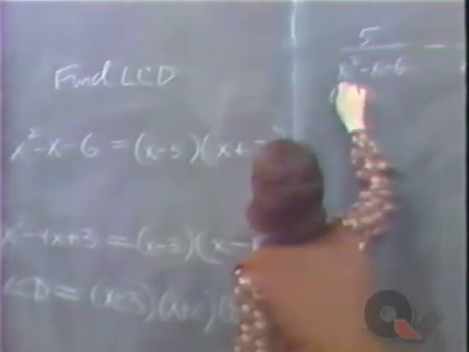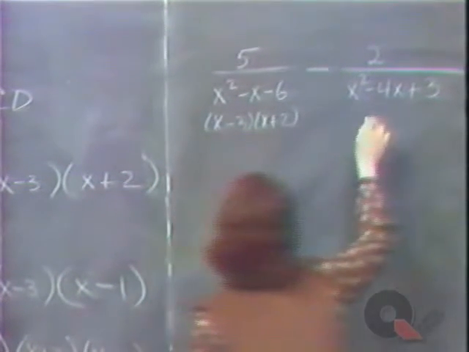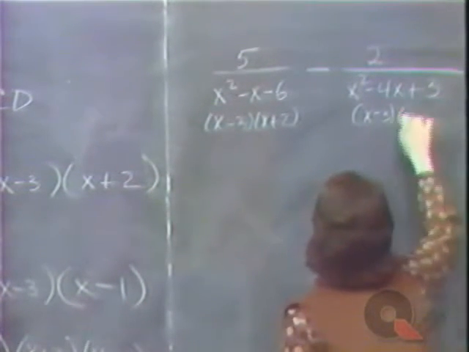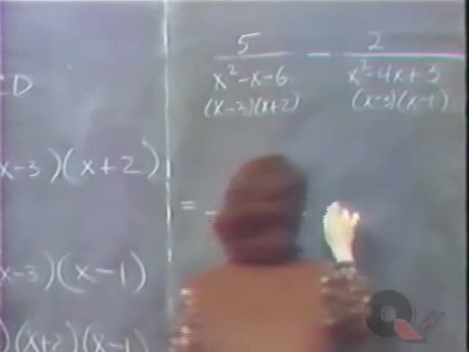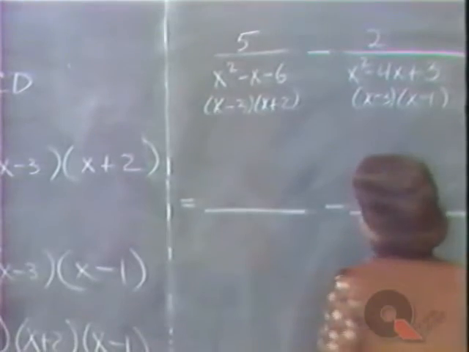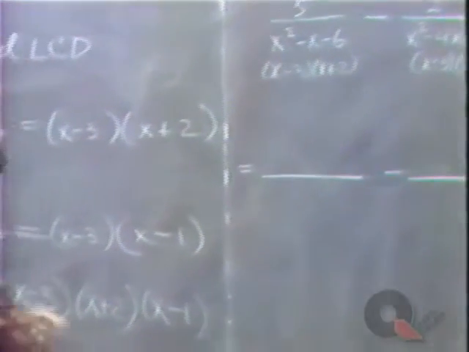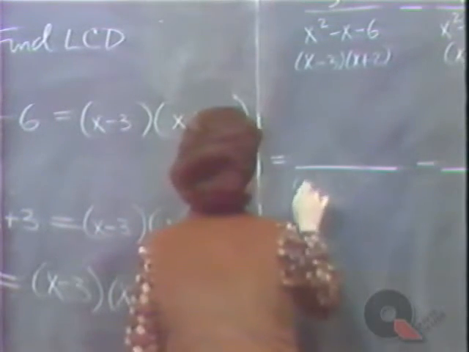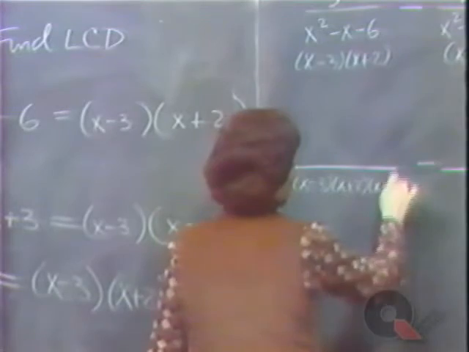Let me just rewrite this in the factored form. We're going to build fractions equivalent to the ones that we have, but they should have a common denominator. The common denominator is x minus 3 times x plus 2 times x minus 1.